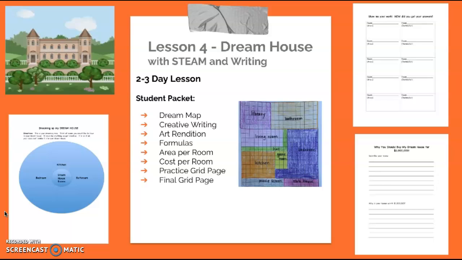They will get to do a practice grid page designing their dream house and the different rooms. But whatever they do, they're going to have to find the area. And I also asked for the perimeter in this because it's my assumption that we will have already covered perimeter prior to this. So I want to activate prior knowledge and see what they remember about perimeter as well.